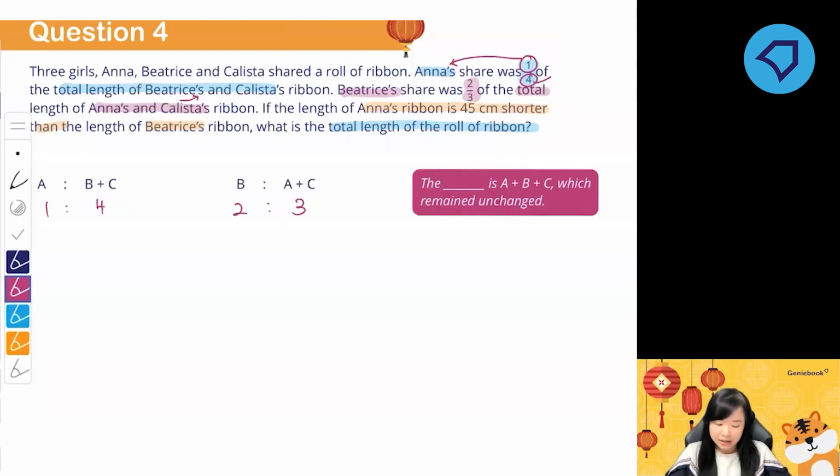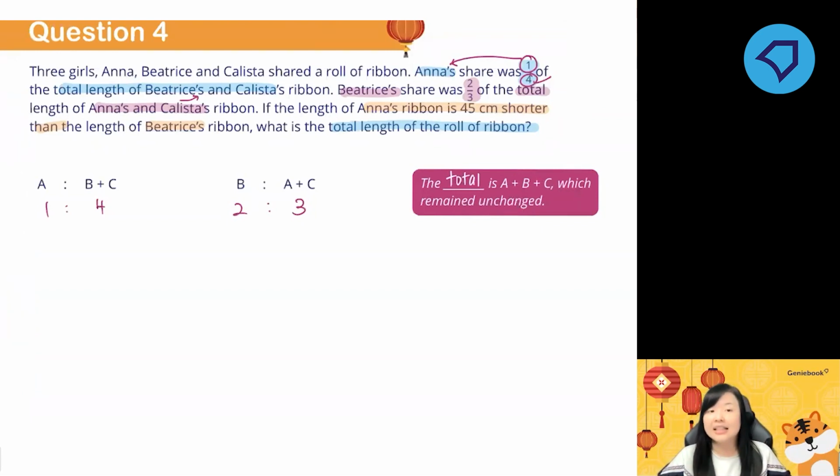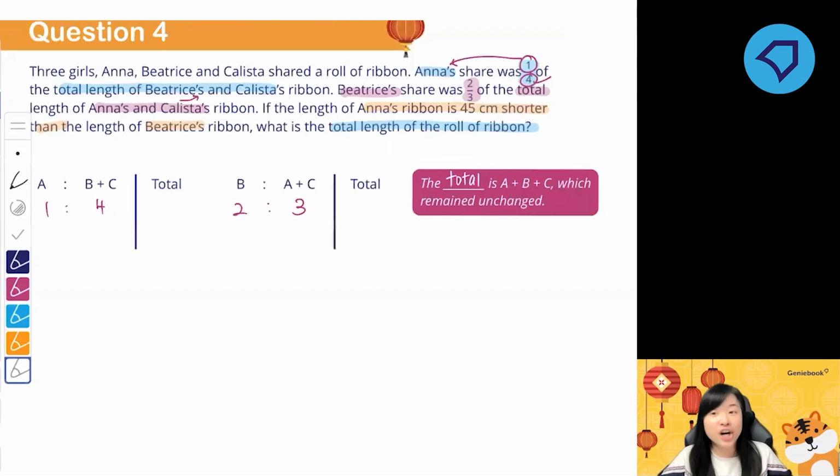Now, let's go on. Now, tell me. So this one is quite standard now. A plus B plus C is Anna plus Beatrice plus Calista. And that is the total. So if you know that this is total unchanged, the next step, you must add a column for total. All clear?